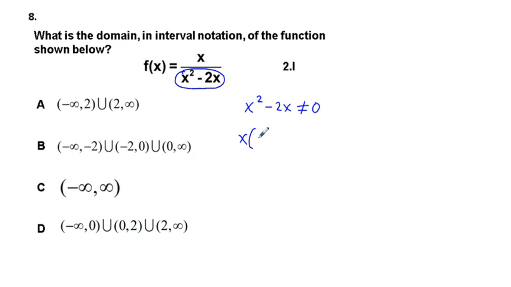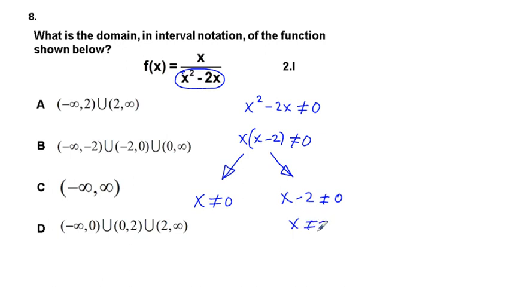So x times x minus 2 cannot equal 0. And so we can take each of these factors using the zero factor property of algebra. X cannot equal 0. And also x minus 2 cannot equal 0. So therefore x cannot equal 2. So our critical numbers we're looking for are 0 and 2.